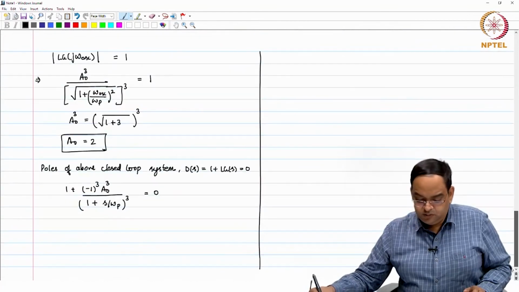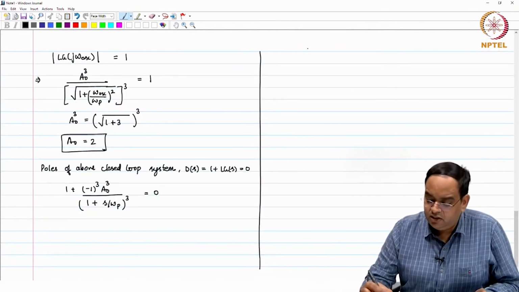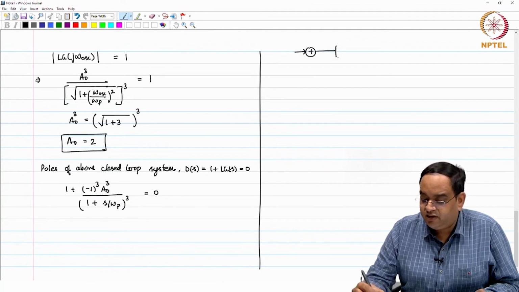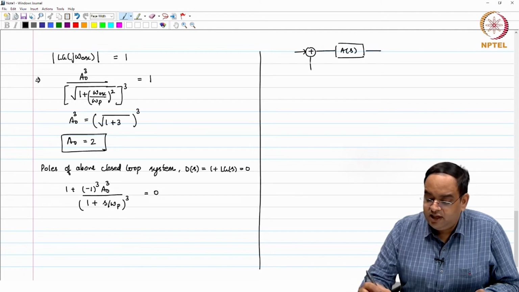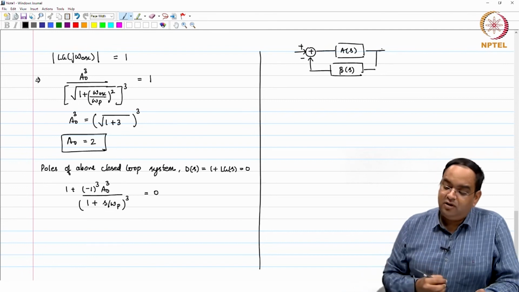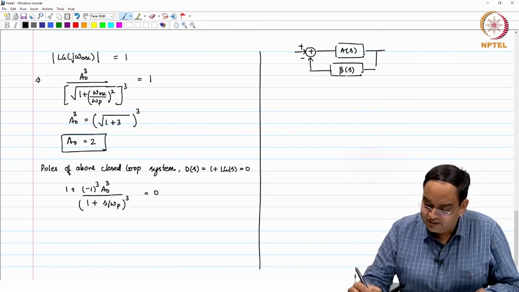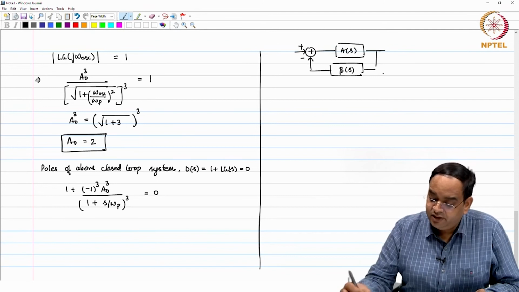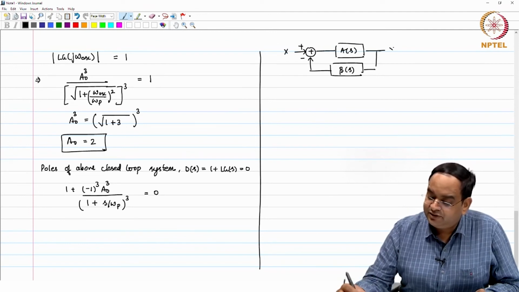So, to give you an idea, let us just look at this system in general. When you have A of s, and here you use beta, or this is positive and this is negative. In this particular case, what you see is the following: A of s and beta of s, right. So, this is x and this is y.